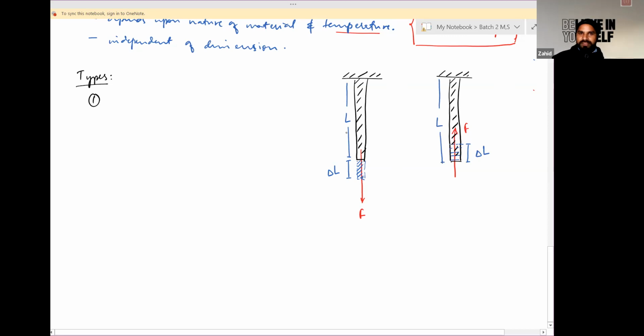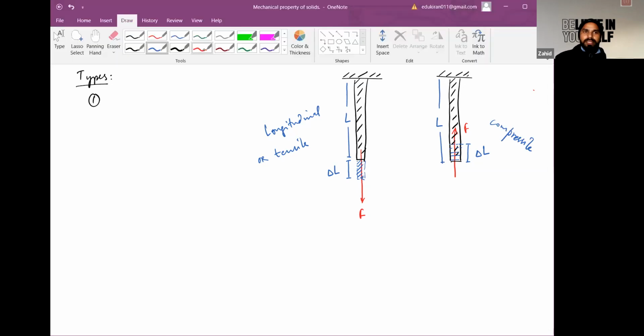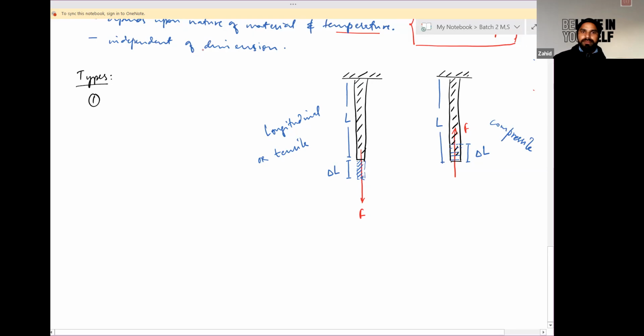So this first term, since it is elongation, will be termed as longitudinal or tensile. In the second part, it is getting compressed, so it is called compressile. All these terms are similar, they only differ in direction.